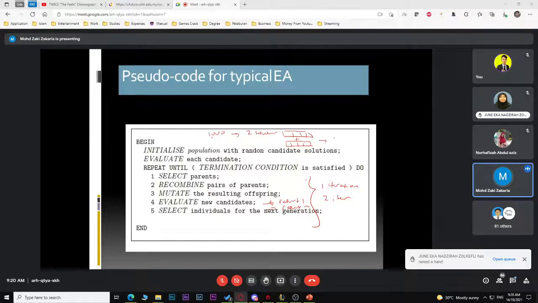So you get what we call the children, and then the children you evaluate again for the result and so on. After you evaluate, you need to select balik, and that we call iteration number 1, iteration number 2, and so on. So this is the simple process of EA. Ada soalan?